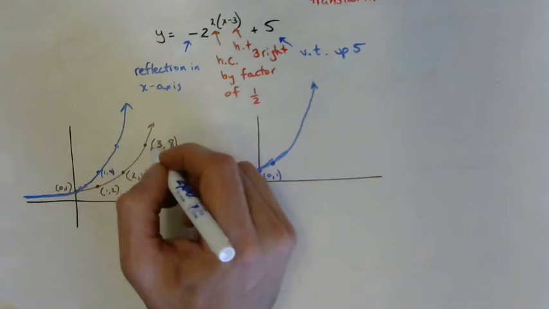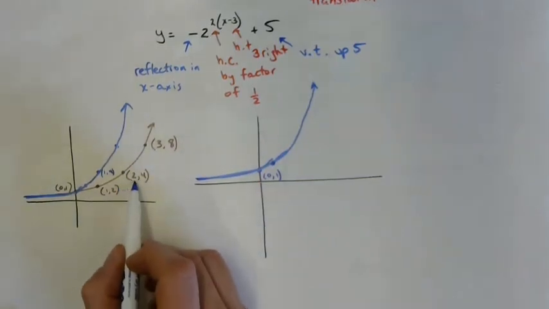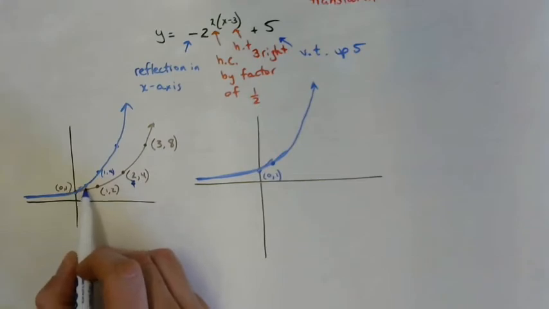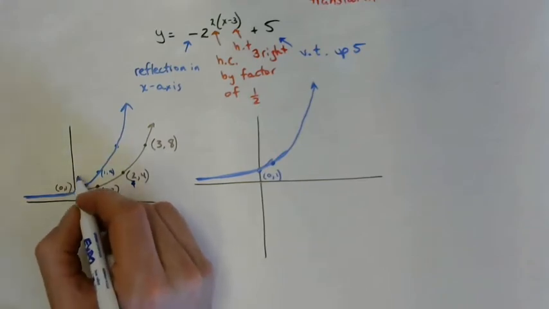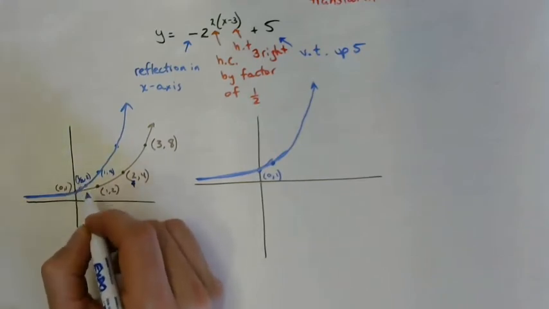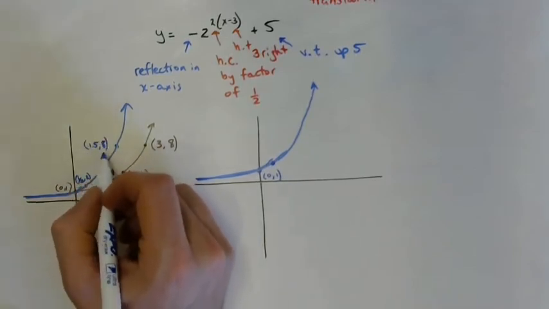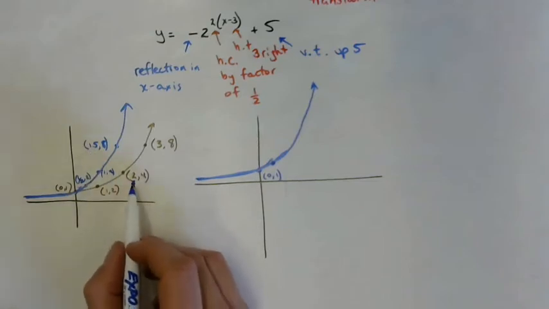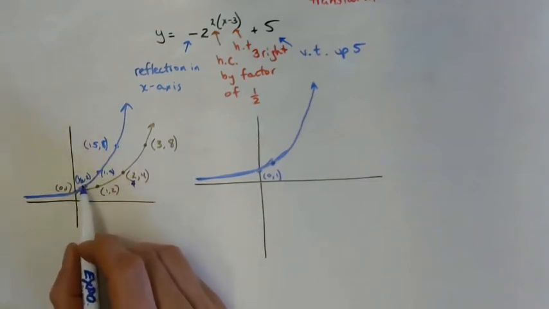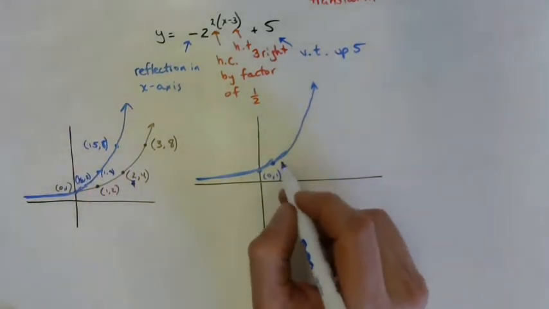Okay, I did do it right. I'm supposed to be splitting the x-coordinate in half. So 1/2, 2 is that first point, and this one is 1.5, 8. 3 divided by 2 is 1.5, 2 divided by 2 is 1, 1 divided by 2 is 1/2. Okay, so I drew that now.